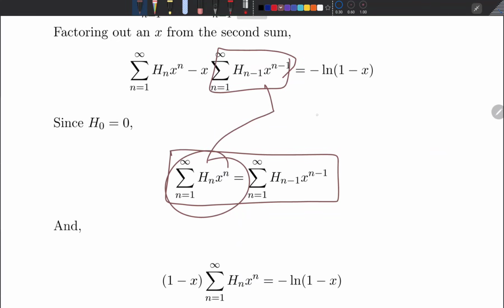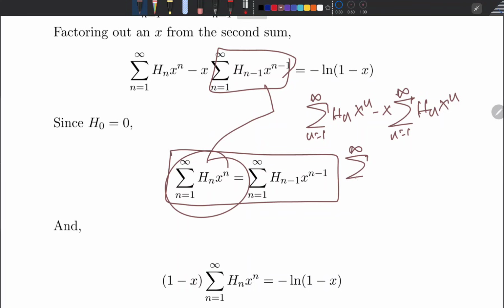So that's going to give us the sum as n goes from 1 to infinity of h sub n x to the n, minus x times the sum as n goes from 1 to infinity of h sub n x to the n, right? So basically we can factor out this sum as n goes from 1 to infinity of h sub n x to the n.